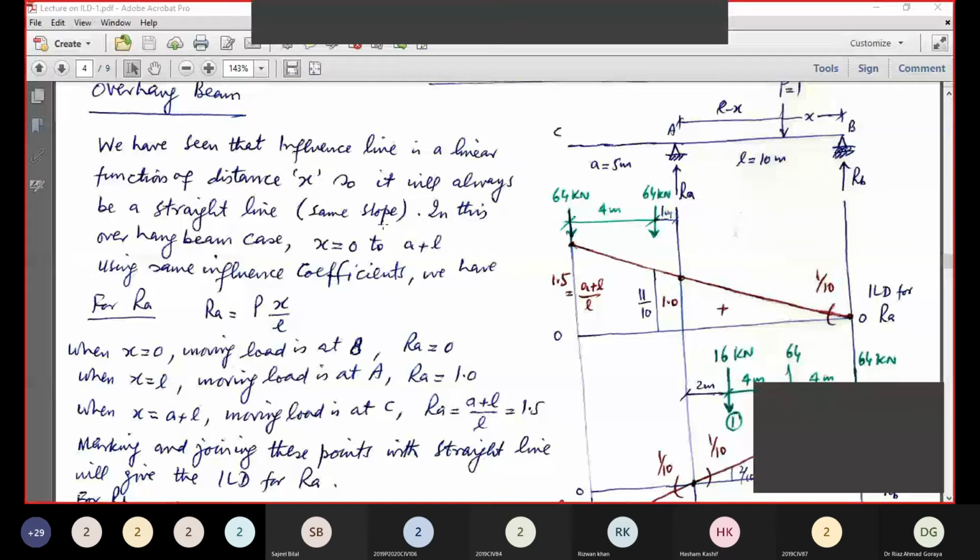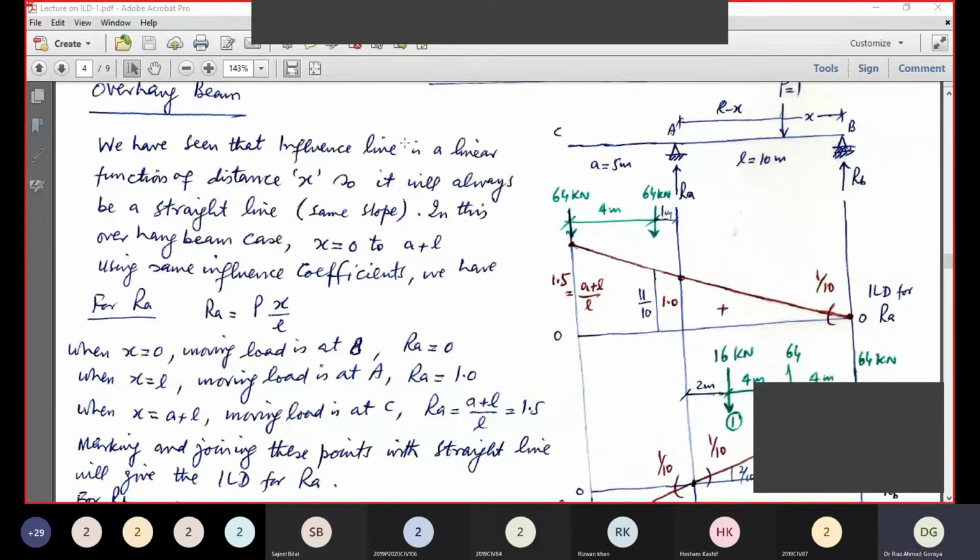Alternatively, we have seen that the influence line is a linear function of distance x, so it will always be a straight line, same slope. In case of overhang beam, x is 0 to a plus l.